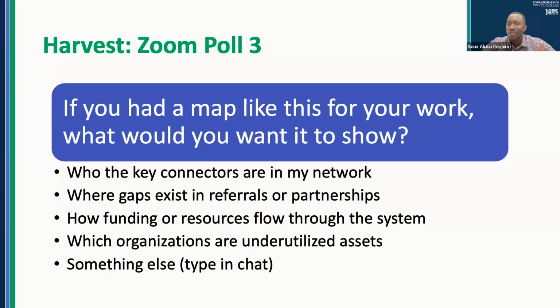I had a really fun conversation in my breakout room where someone shared something that was actually not an option here as well. And so I'm curious to hear more about what some of you will be mapping. Funding is coming up here. I love that. If it's something else, please put it in the chat or share it verbally.